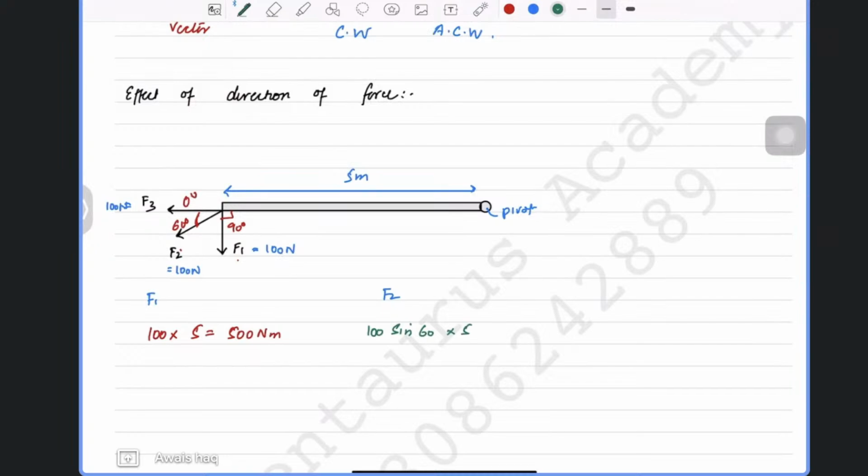Can somebody please find this? It will be less than 500, but I don't know what it might be. Yes, please.